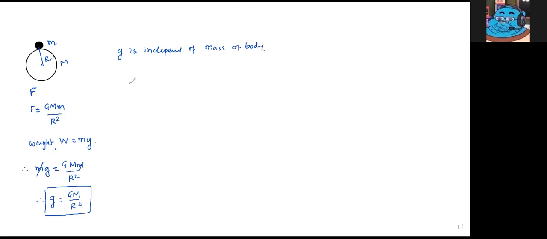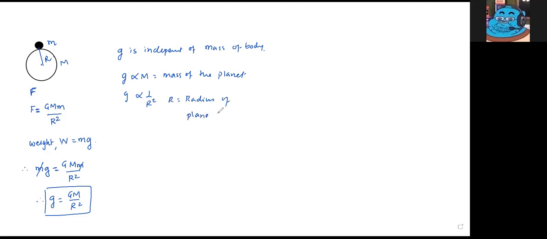It depends upon the mass of the planet. g is directly proportional to M, the mass of the planet, and g is inversely proportional to R square, where R is the radius of the planet.